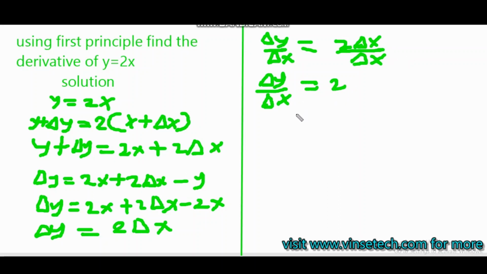So the next step is to take the limits as delta x tends to 0. Recall I explained that by the time you take the limits, this symbol you see, change in y over change in x, will be converted to dy over dx.